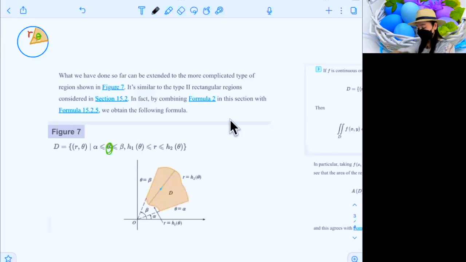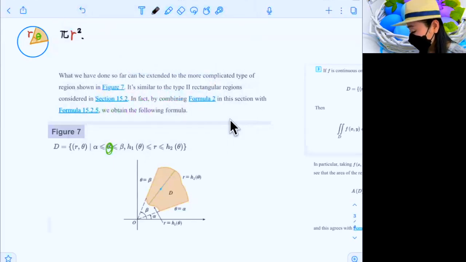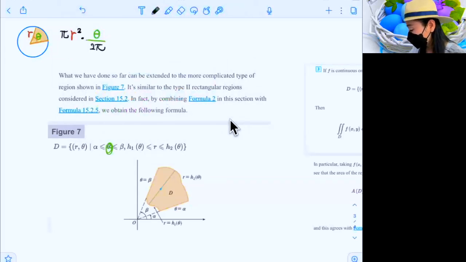Well, you can do pi r square. That's for the whole circle, right? But then the bigger the center angle, the bigger the area of the segment, and it is proportional to this center angle. The whole circle corresponds to the center angle being 2 pi. So this segment is going to take theta over 2 pi of the whole circle.